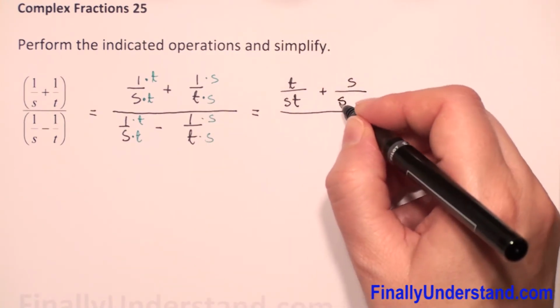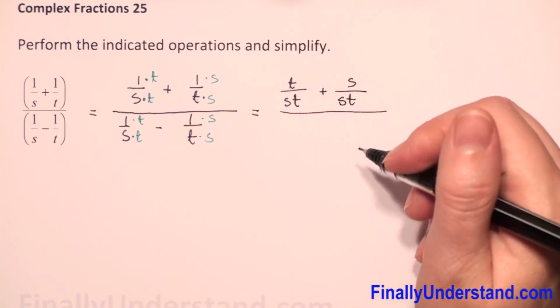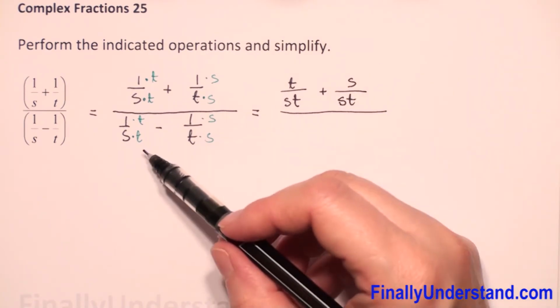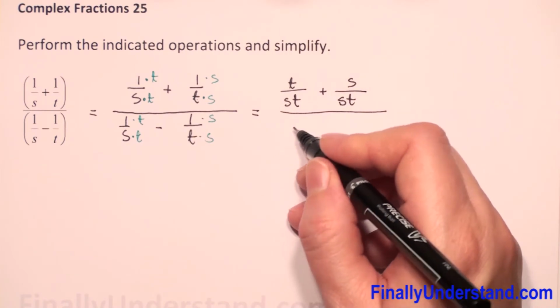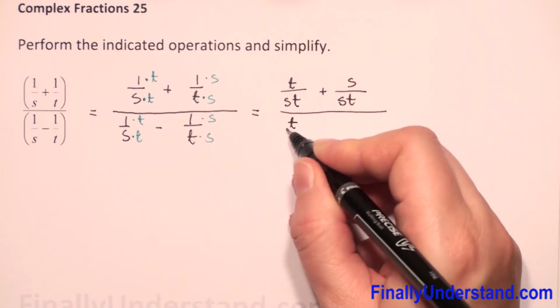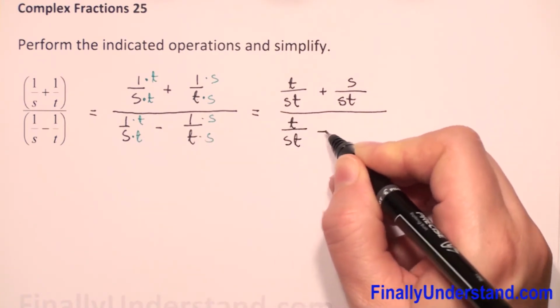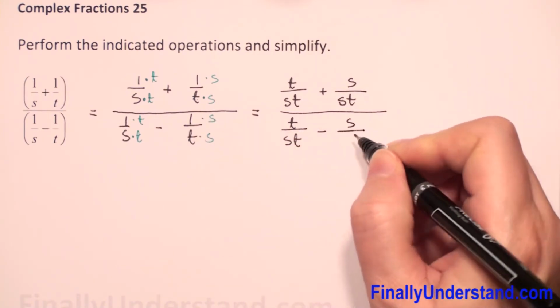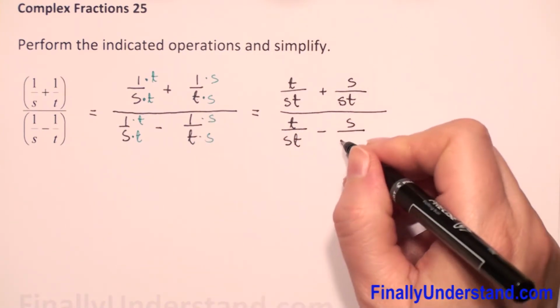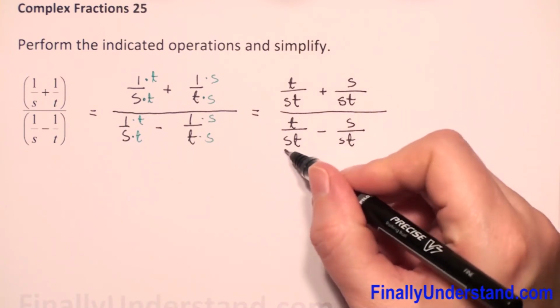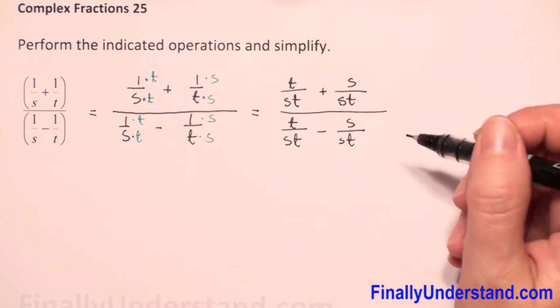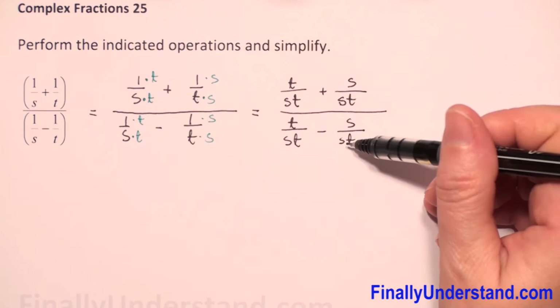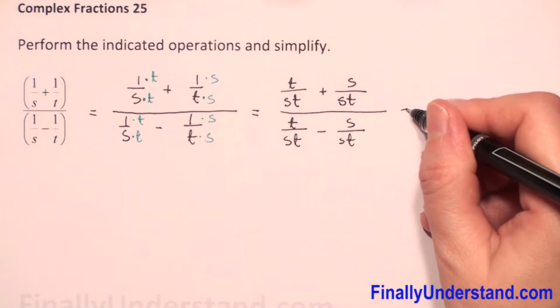I can write it as st, I can change the order. And in the denominator we will have 1 times t is t over st, minus 1 times s is s over ts, so this is st because I have st in the first denominator, so I want to have st in the second. So this is equal.